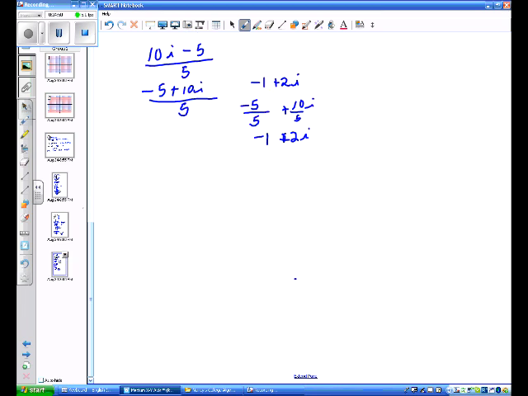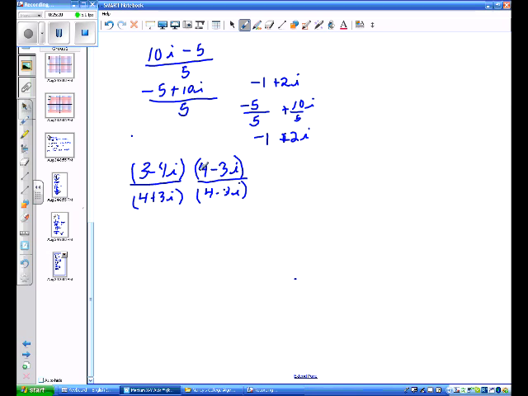If we have 3 minus 4i, divided by 4 plus 3i. Okay, we're going to multiply both the numerator and denominator by the conjugate, which would be 4 minus 3i. And we're going to do our multiplication. So we're going to have to use our distributive property.